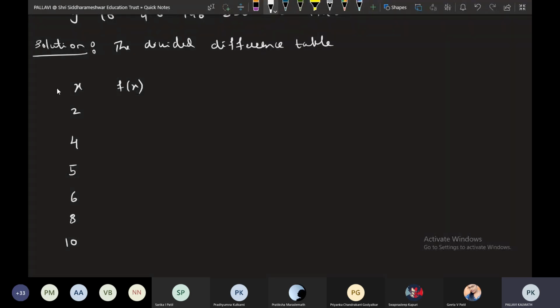See the difference, are they at equal intervals? No, ma'am. 2, 4, 6, 8, 10. Here 2 is the difference, but after 4 you are getting 5, the point which makes the interval unequal. Therefore, it is unequal interval, so use Newton's divided difference formula.